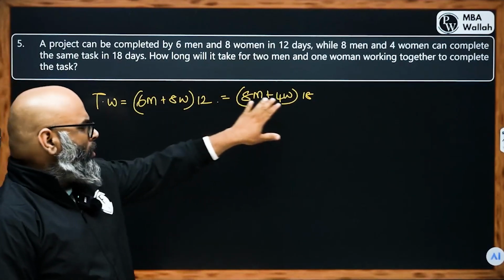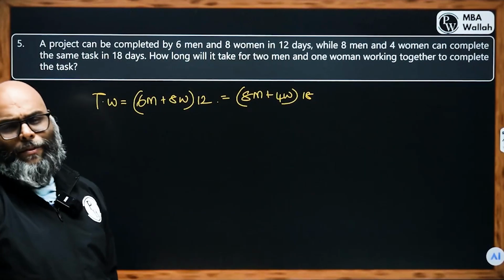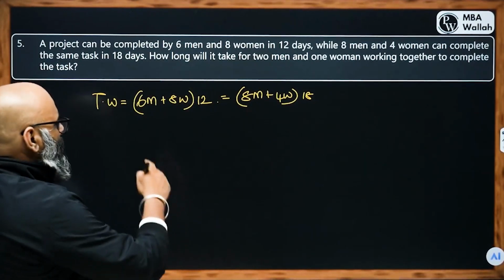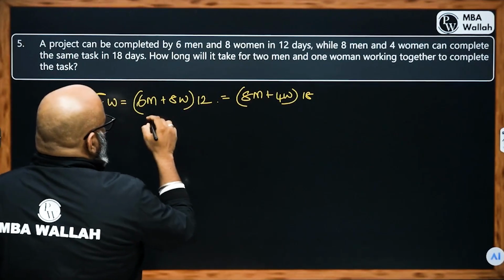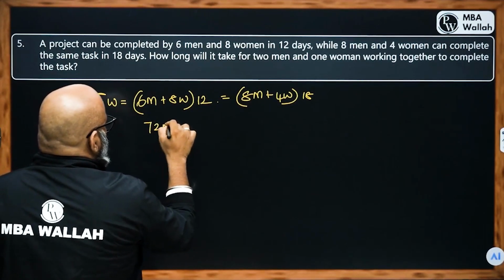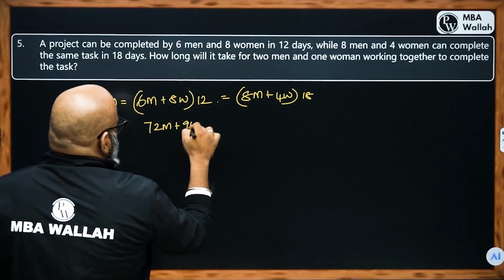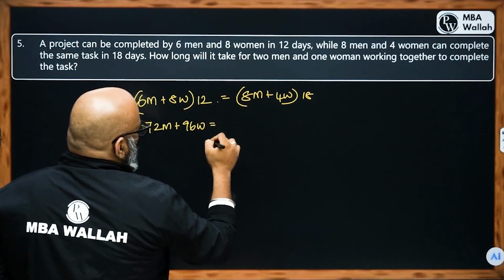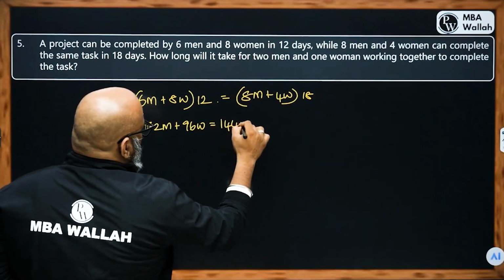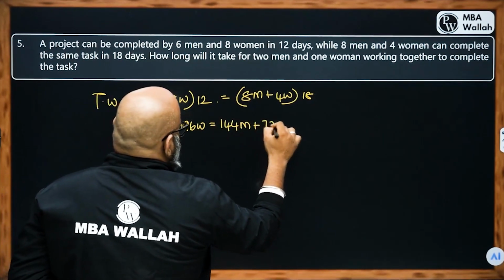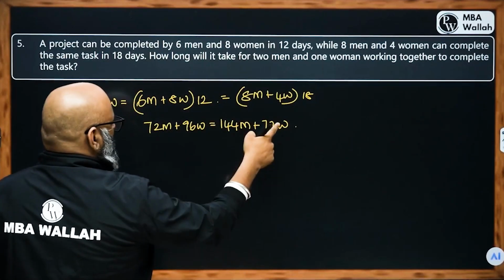That is also the total work. I'm going to equate and then find the ratio of man to woman. So let's solve. This will be 72M plus 96W is equal to 144M plus 72W. This goes here and this comes here.